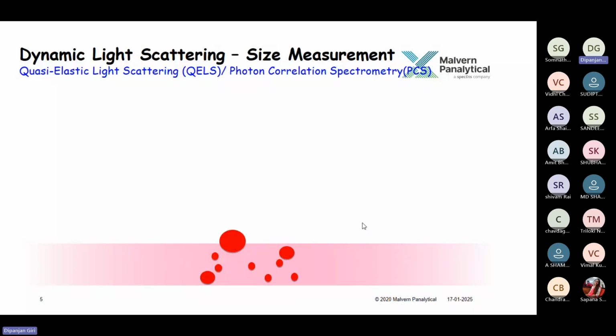There are many techniques for size analysis; each measures some property of the particle and reports the equivalent sphere diameter based on the measured parameter.